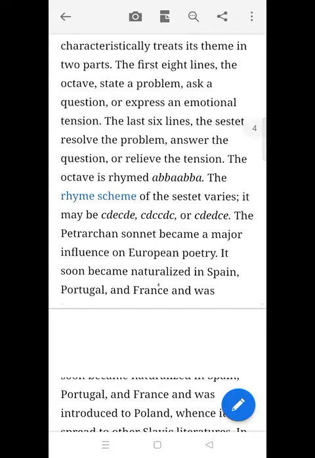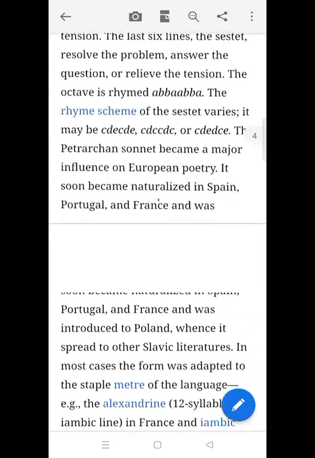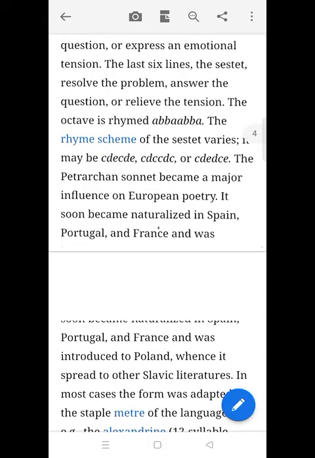The octave is rhymed A B B A A B B A, containing 8 lines. The rhyme scheme of the sestet varies. It may be CDE CDE, CDC CDC, or CDE DCE. So it varies. The Petrarchan sonnet became a major influence on European poetry.